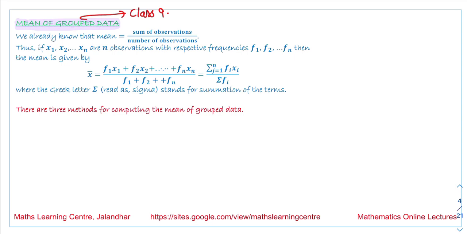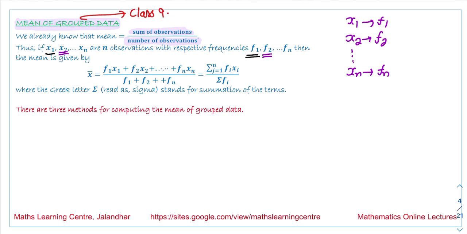What we know about the definition of the mean is that it is the sum of the observations over the total number of the observations. If we are given n observations, that is, the data is given in this form: x1 and the frequency of x1 is f1, then x2, the frequency of x2 is f2, and likewise xn is there and the frequency corresponding to xn is fn.